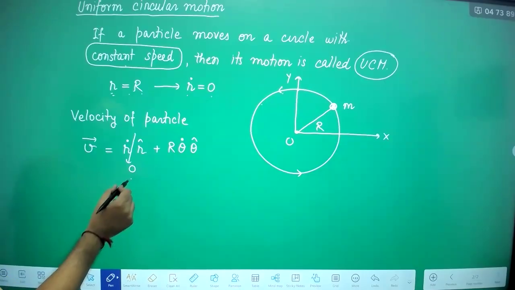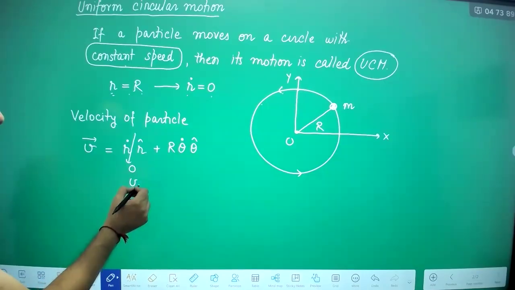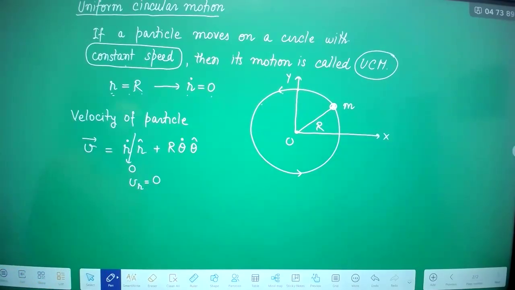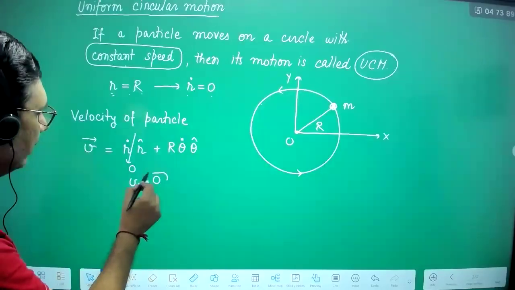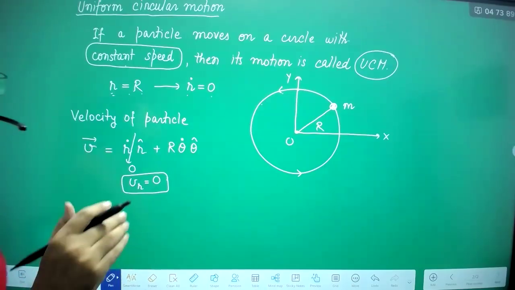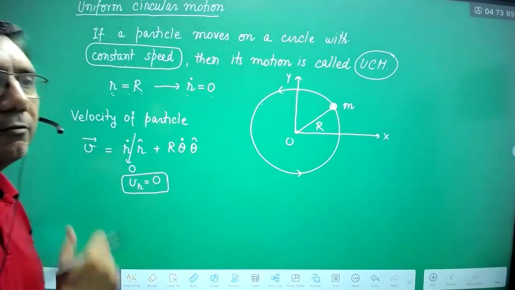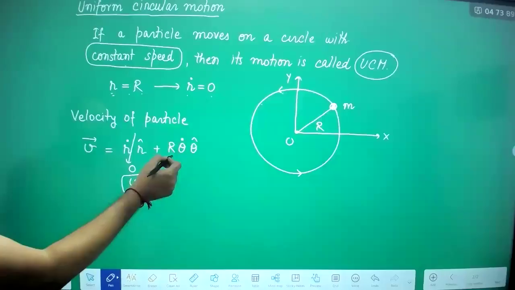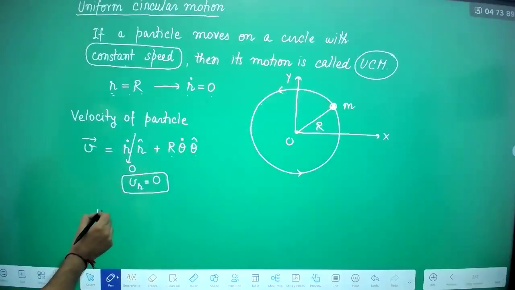So you are saying that VR, the radial component of the velocity or radial velocity of the particle under uniform circular motion, will be 0. Even in case of non-uniform circular motion, this will be 0. Now, what will be the velocity? It means only tangential velocity is there.